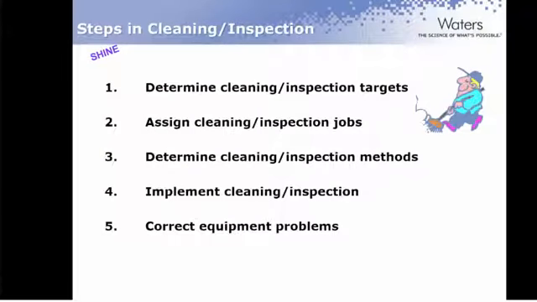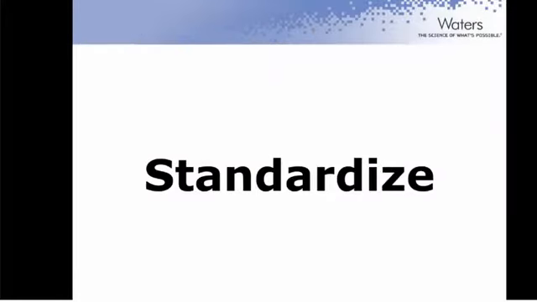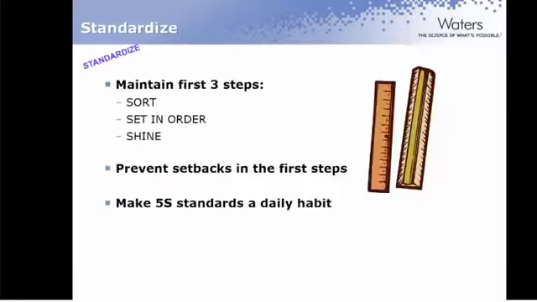So the steps in shine are: determine the cleaning inspection targets, assign those targets and activities, determine the inspection methods, what needs to be inspected, and then implement your cleaning inspection. And if you find any issues with your equipment or glassware, you want to correct those problems.